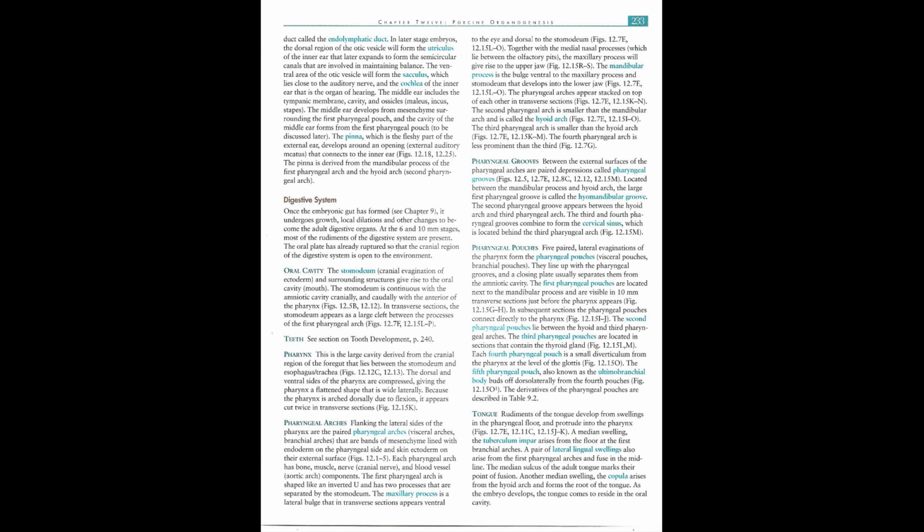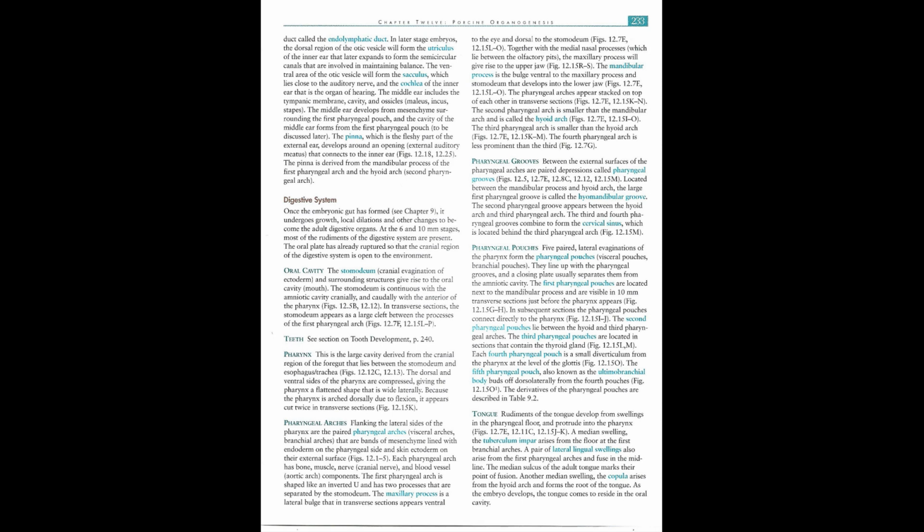The first pharyngeal arch is shaped like an inverted U and has two processes that are separated by the stomodeum. The maxillary process is a lateral bulge that in transverse sections appears ventral to the eye and dorsal to the stomodeum, Figs 12.7a, 12.15 LO. Together with the medial nasal processes, which lie between the olfactory pits, the maxillary process will give rise to the upper jaw, Fig 12.15 RS.